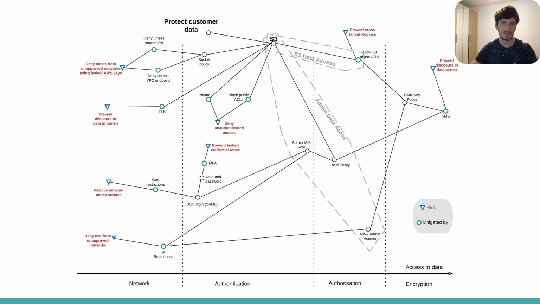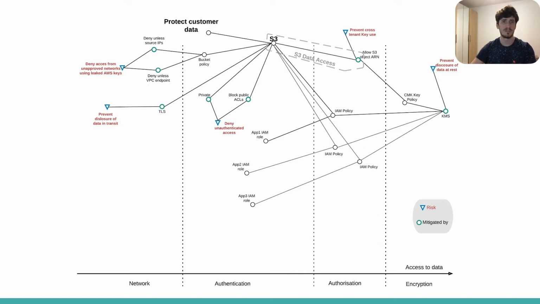But in essence, the key policy is quite restrictive and has a setting saying you can use this key if traffic originates from this particular IAM role, and has IP restrictions on it as well. And in order to assume the IAM role, it requires SSO login using my identity provider of choice. Then I need to be logged in with a username and password, which has an MFA on it, and that prevents leaked credential reuse.